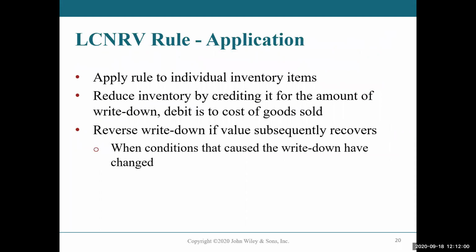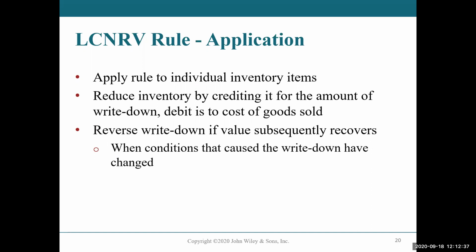Our inventory has to be at the lower of those two. If your cost is lower, then you don't have to do any adjustment, but you still have to evaluate that you have applied the LCNRV rule. It has to be applied at the end of the year. If you determine that your cost is lower, then no adjustment is needed. But if your net realizable value is lower than cost, then your inventory, which is already sitting at cost, is overstated on your books.